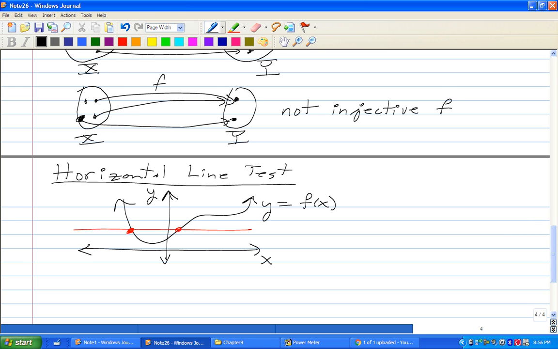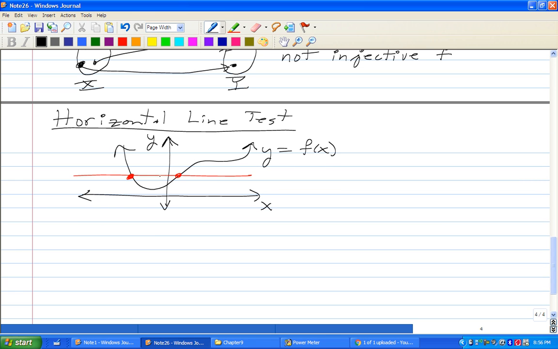Then, if I can find a horizontal line that intersects the curve in more than one location, then this will not pass the horizontal line test. So this does not pass the horizontal line test.